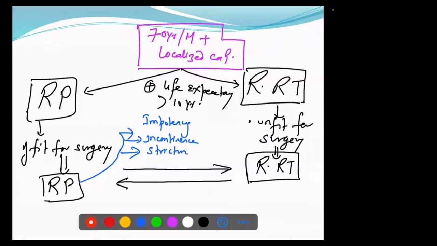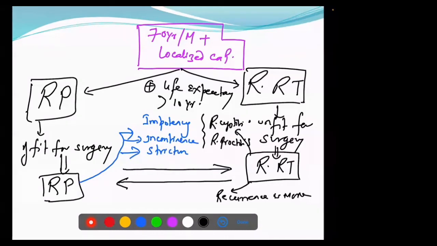And here, radiotherapy may lead to radiation cystitis or radiation proctitis. Plus, the chance of recurrence is more in radical radiotherapy. So when you discuss everything with the patient, then they can choose.